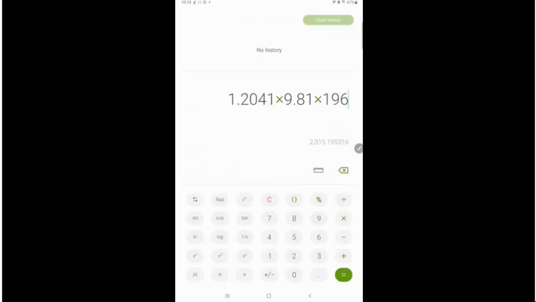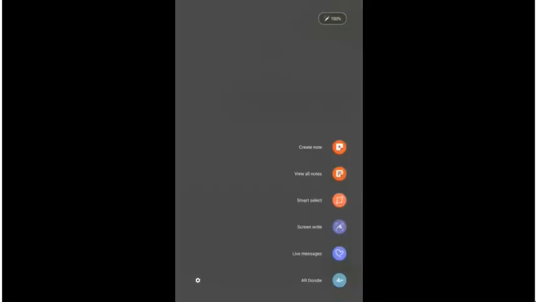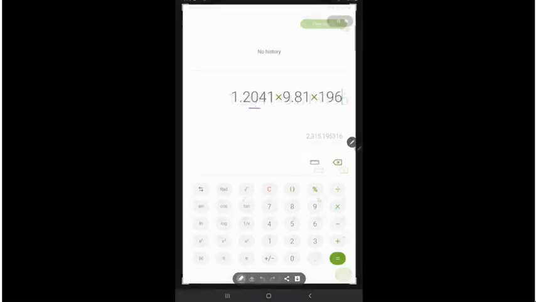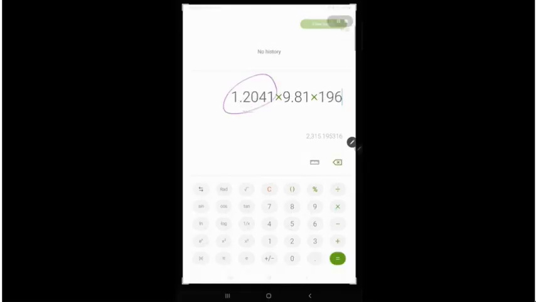All right, so I found myself a calculator and I've entered in the numerical values. So again, just to remind you, 1.2041, that's of course our density of the atmosphere at STP. The 9.81, that's our acceleration due to gravity, that's a constant, and the 196 is of course the elevation of EMOS.